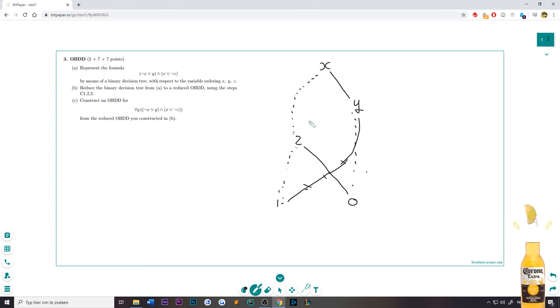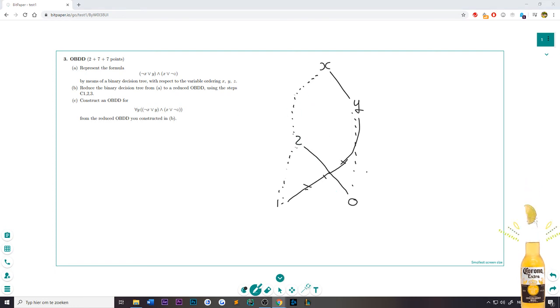The answer sheet for this exam is online, so you can just look at it and see how they apply the intermediate steps and what names these steps have. So this exists already online, so you can just look at it, okay? But yeah, so this is the reduced OBDD, right?